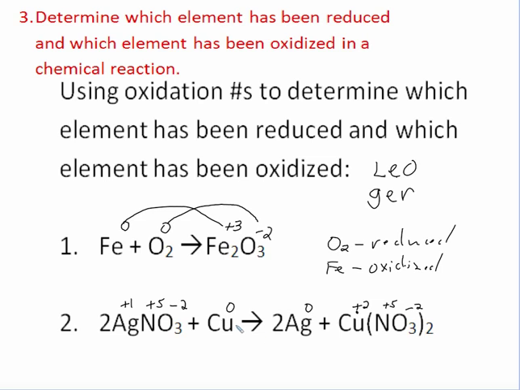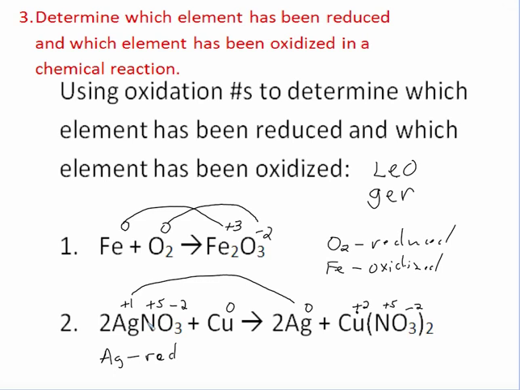Now, in any equation, if it is an oxidation or reduction equation, the oxidation numbers will change. So, anyway, you can see that silver's oxidation number went down. So the silver is being reduced.